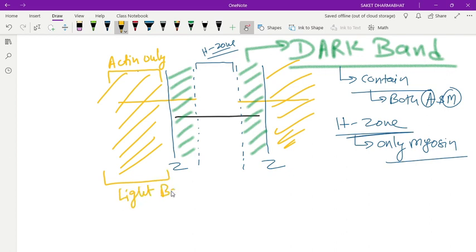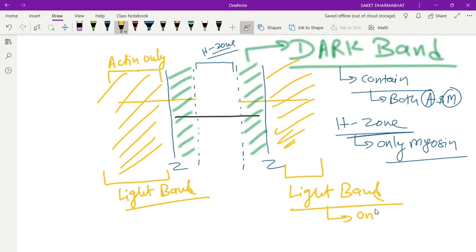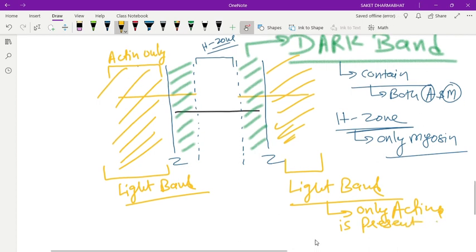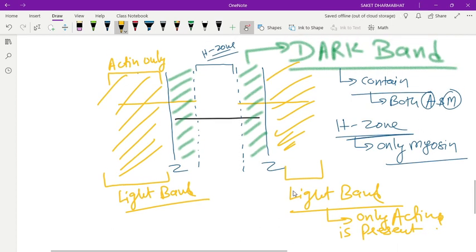So that's why we will call it as light band. And here to here also it will be light band. So in the light band, is only actin present, only myosin present, or both actin and myosin present? What will you say? Only actin is present.